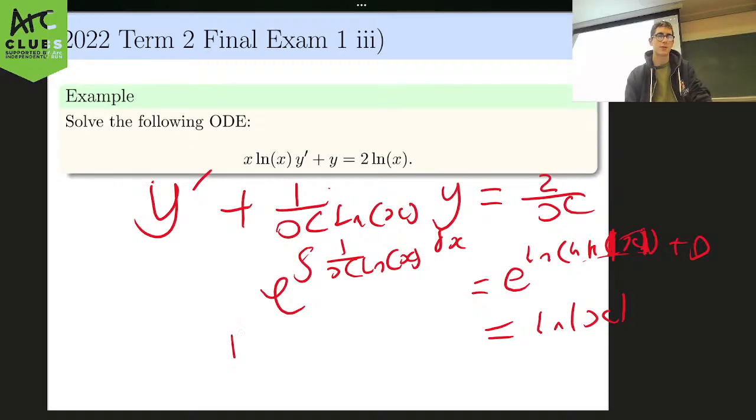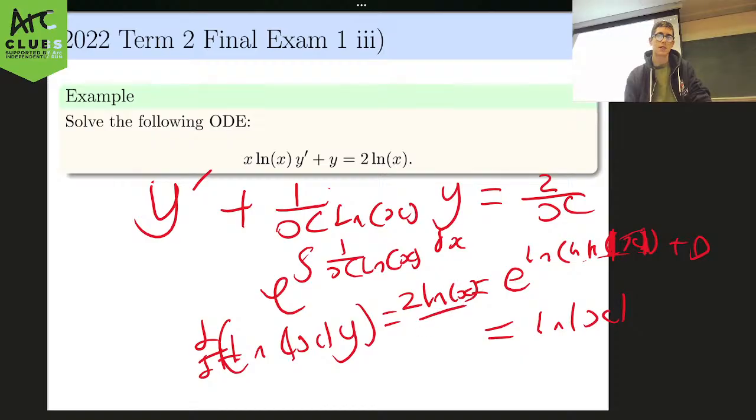And so we can write this equation as the derivative of ln x times y is equal to 2 ln x over x, right?